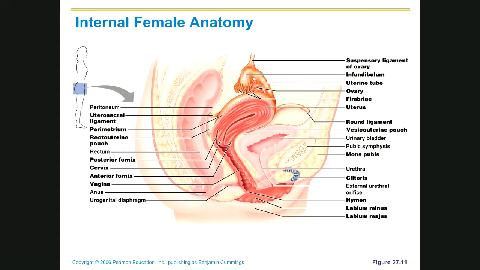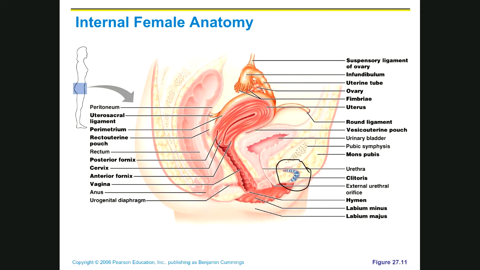In fact, a good way of thinking about the clitoris is that it's just a very tiny penis. If you look at that from the sagittal section, here are the two pairs of lips. So there's the labia majora and the labia minora. This space right here is the vestibule. Here's the space. And again, if you look here, this is where the urethra opens. It's also where the vagina opens. And then here is the clitoris. And again, it's erectile tissue, just like the penis.